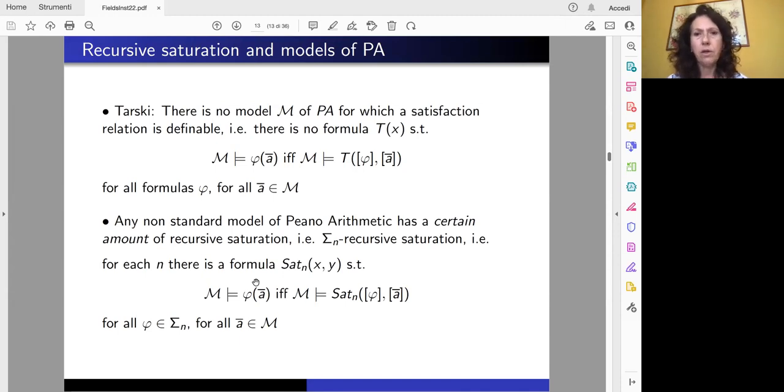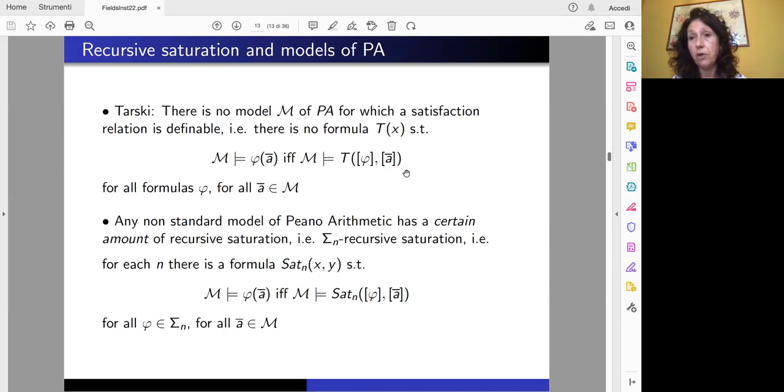So there is no formula Sat(x, y), with two variables, not one, that witnesses that a formula is satisfied by a tuple a. Also, there is a certain amount of recursive saturation in each non-standard model of Peano arithmetic if we bound the complexity of the formulas.